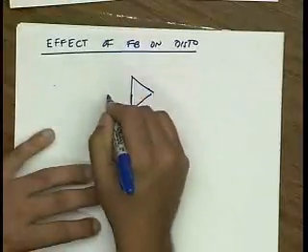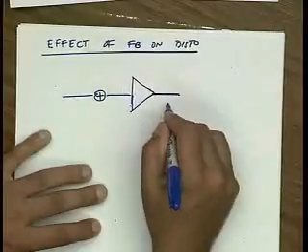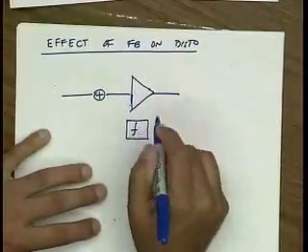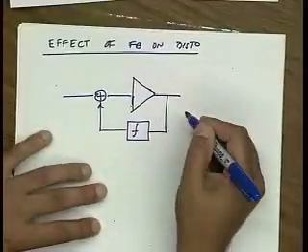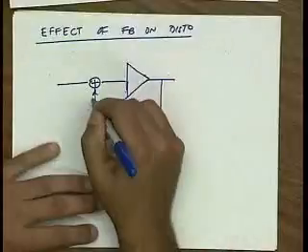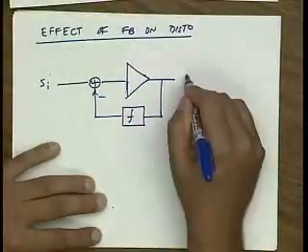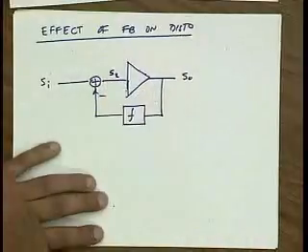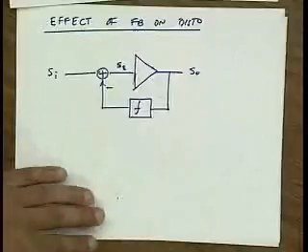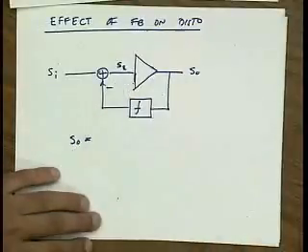All right, so let's draw a generic feedback system. We're going to use negative feedback, not positive feedback, so I'll put a minus sign there. This is my input signal, and this is my output signal. Let me call this intermediate signal the error signal. I know that this block is nonlinear.